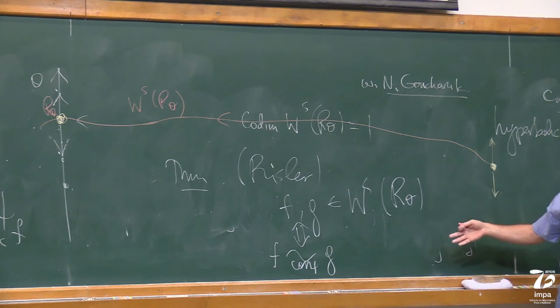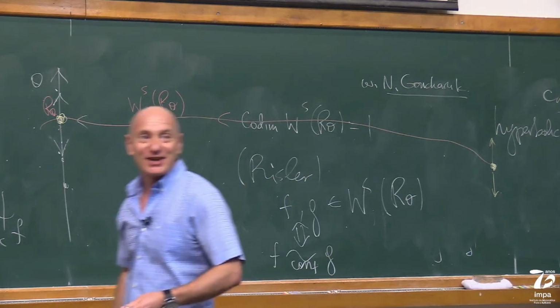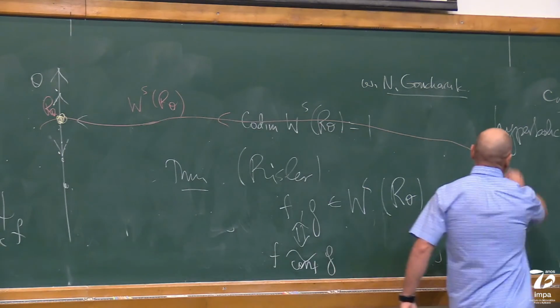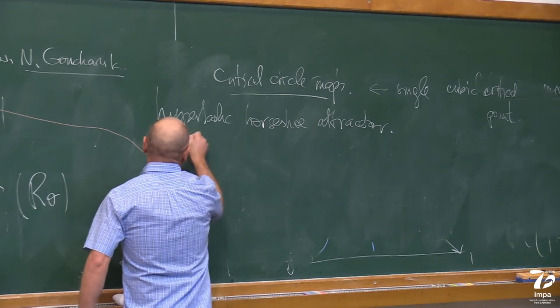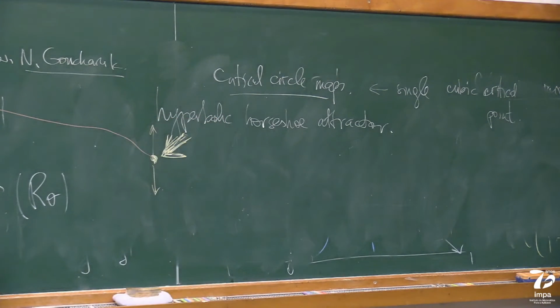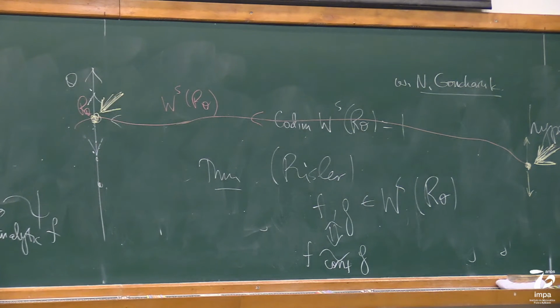So there are two unstable directions, and then there are infinitely many dimensions, but unfortunately the board is only two-dimensional, so I just ran out. Let me draw a really thick arrow that goes in here. That's infinite dimensional. So we get this picture for all bounded type rotation numbers.